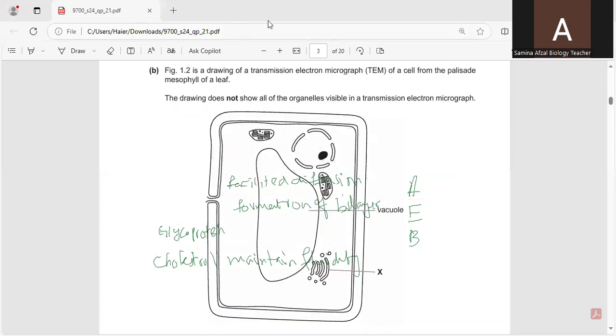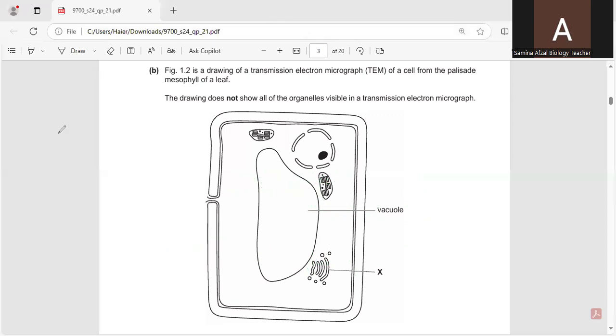Now we move towards the next question. Figure 1.2 is a drawing of a transmission electron micrograph of a cell from the palisade mesophyll of a leaf. The drawing does not show all of the organelles visible in a transmission electron micrograph.